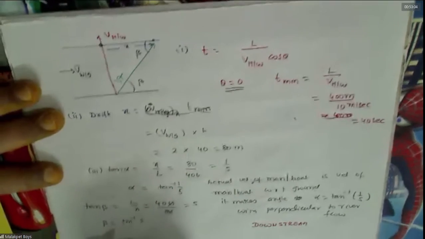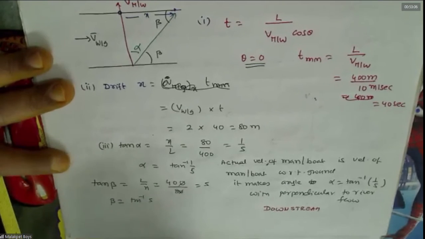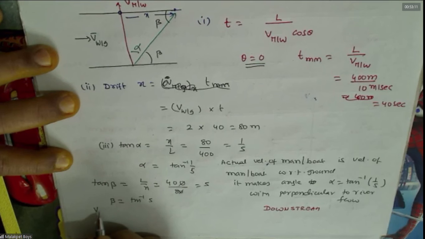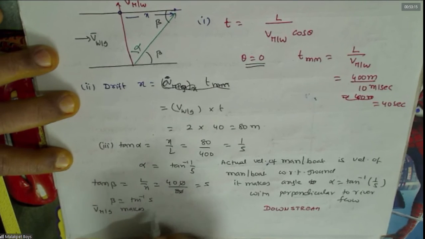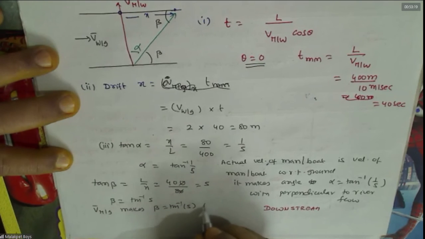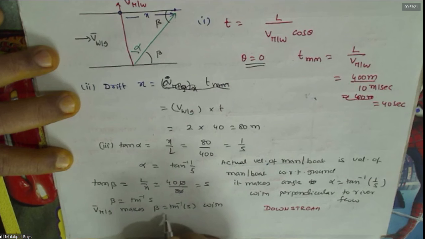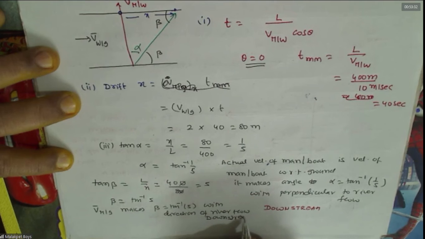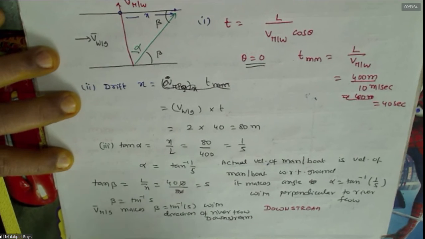So we can say that the velocity of man with respect to ground makes beta equals tan inverse 5 with the river flow direction, downstream again. In the options, he may give any of these.